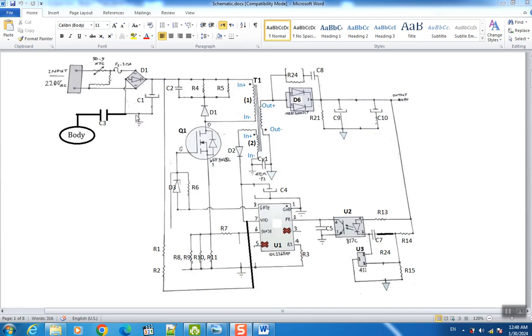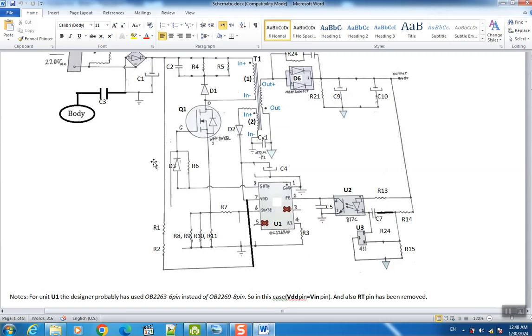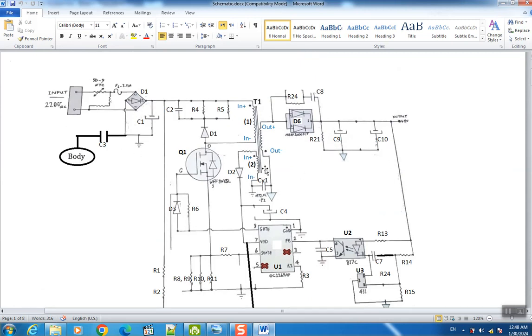However, this one is enough for me to troubleshoot the similar charger.